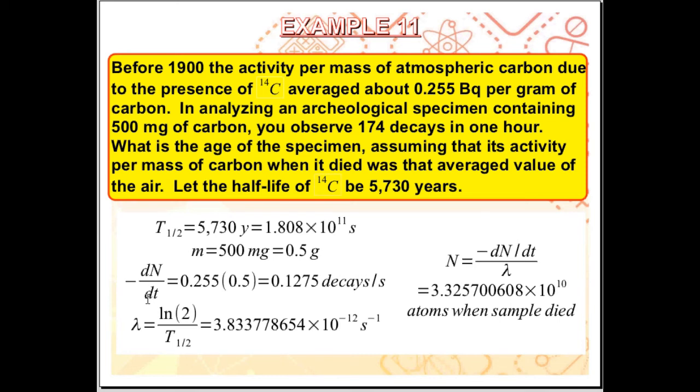We are able to get the activity: 0.255 becquerel per gram times 0.5 grams. That will give us 0.1275 decays per second. So this is the activity before 1900.